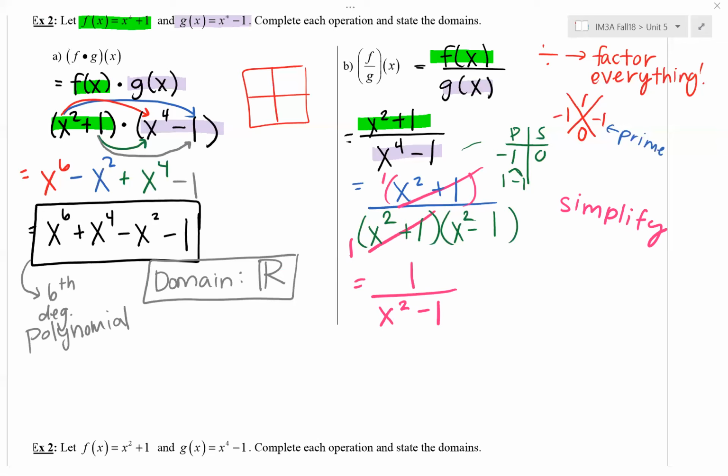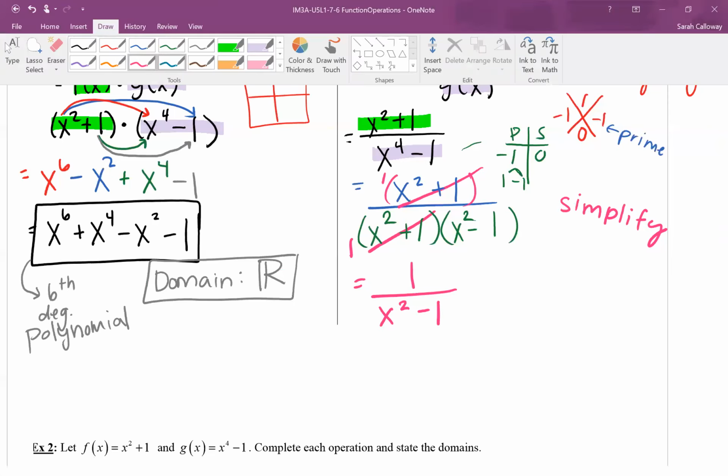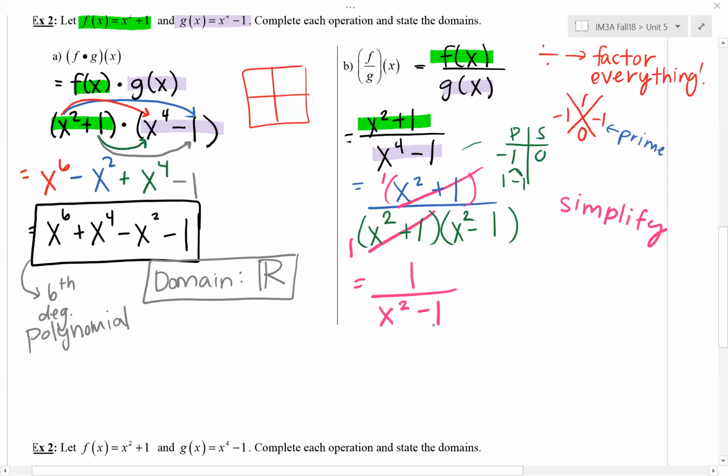So what we want to check now is, can we factor this any further? Because a factorization will help us see what our restrictions are and what our domain is. So we should notice that this is a difference of 2 squares. So x squared minus 1 factors to x plus 1 times x minus 1, because it has the same product sum that we just did with the x to the 4th minus 1.